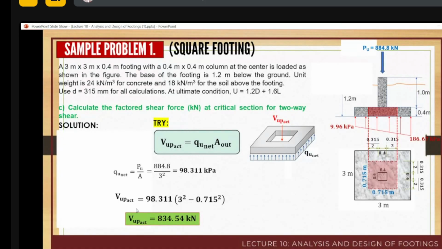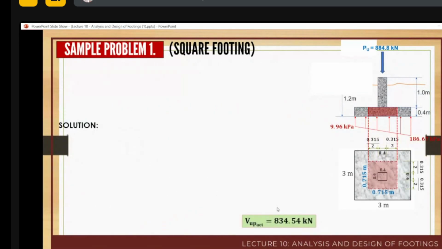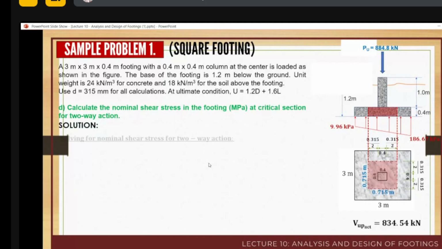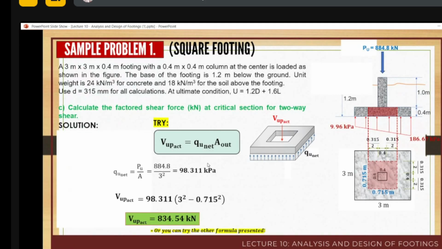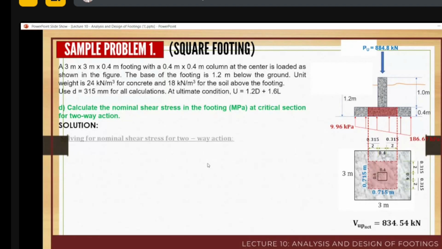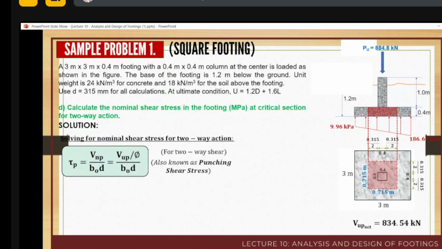So, that is for the ultimate shear strength or shear capacity for punching for two-way. So, nakuha na to.